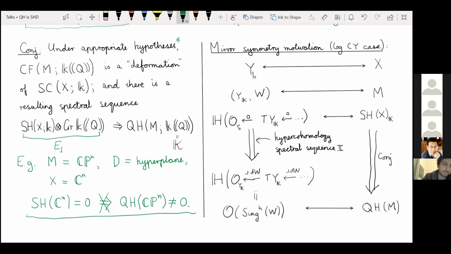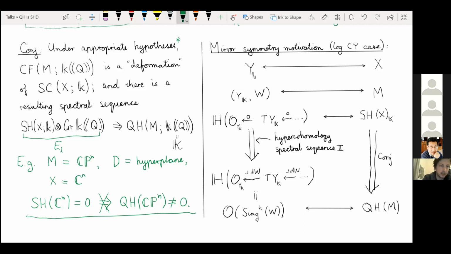This can't happen. Sorry to interrupt, Nick. What is this K? I didn't hear what you said that was. This factor in the E1 page. You've got symplectic cohomology tensor something. What's the associated graded of this?